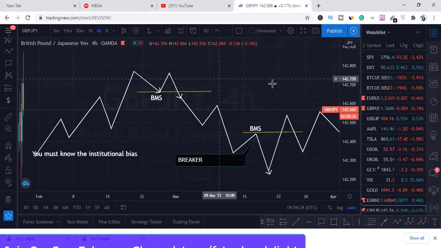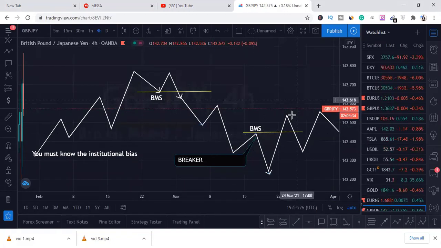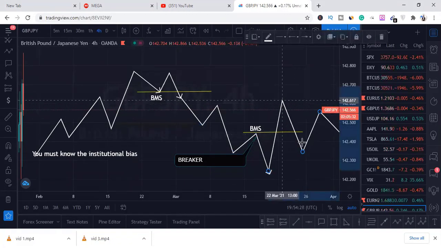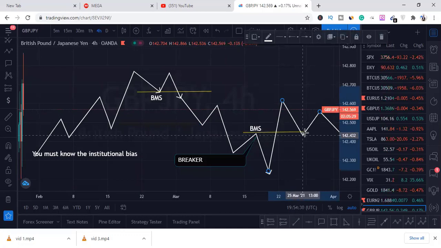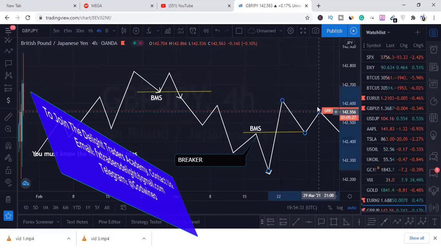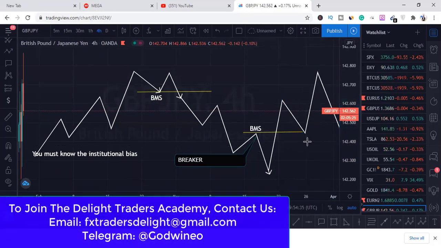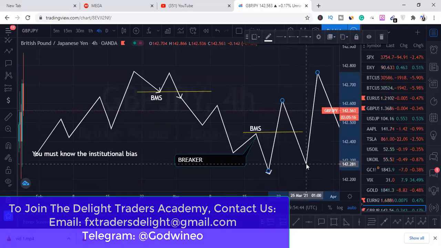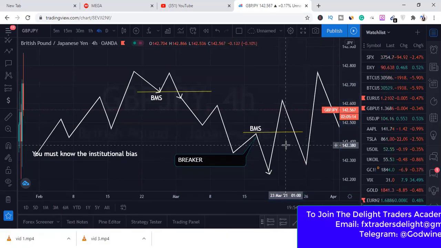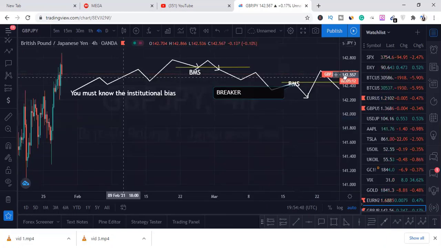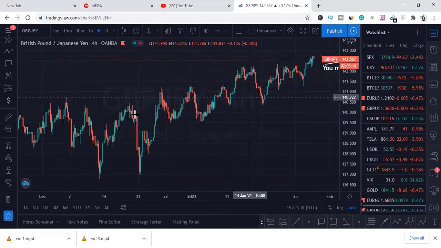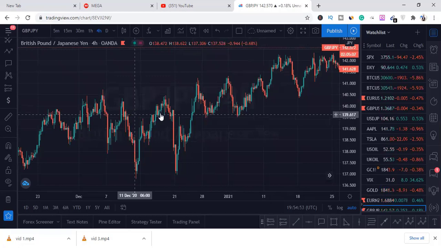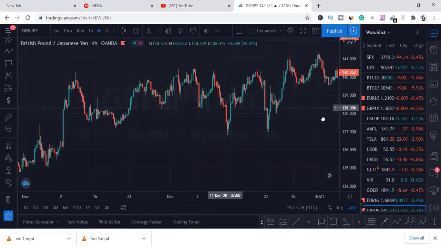In one of the patterns, you can take a trade at this level, and you can as well take a trade at this level. You see that? So let's go to the live charts.